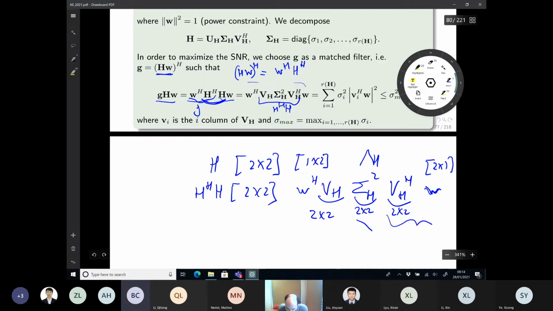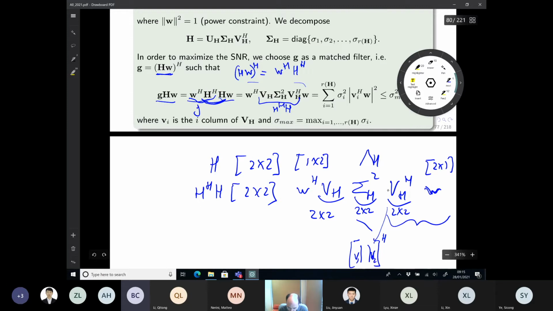So if I look at this here, I take my W and I multiply by essentially the eigenvectors, all the eigenvectors that we have in that matrix. So I'm going to have two eigenvectors like this, and I do the transpose. So that's going to be V1, and then that's going to be V2.